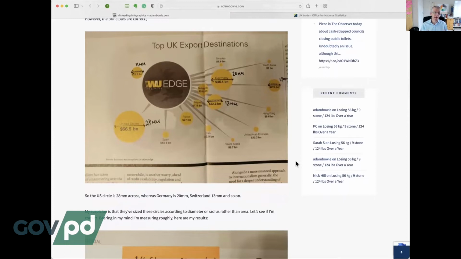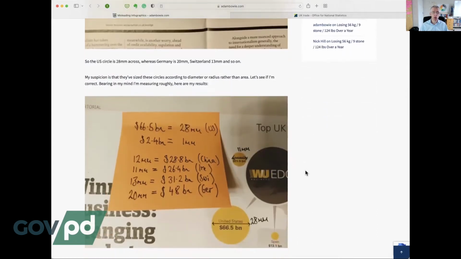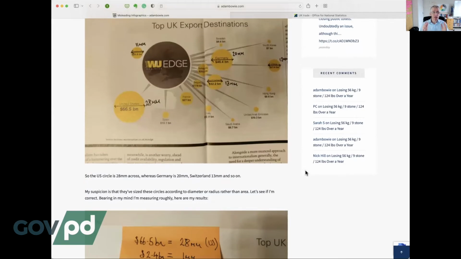Are they done correctly for that visual form? So he measures the diameter and with a little bit of maths, correctly deduces that what they've done is size each of those dots so that the diameter encodes the data. That is incorrect. If you're going to use a circle to encode data rather than a line in a bar chart, for instance, you need the area of that circle to be proportional to the data.